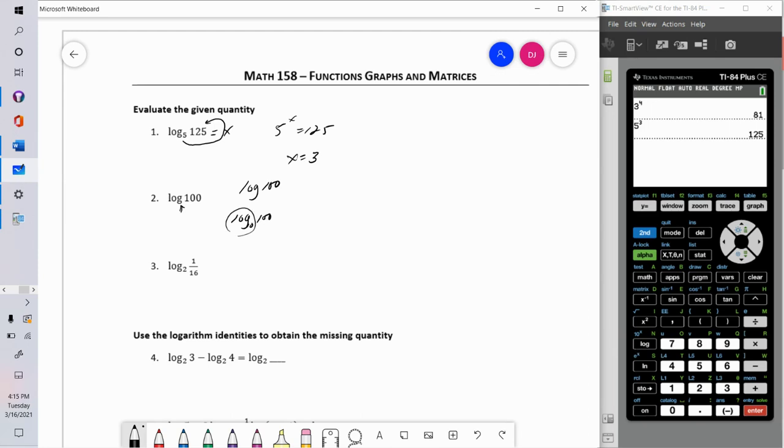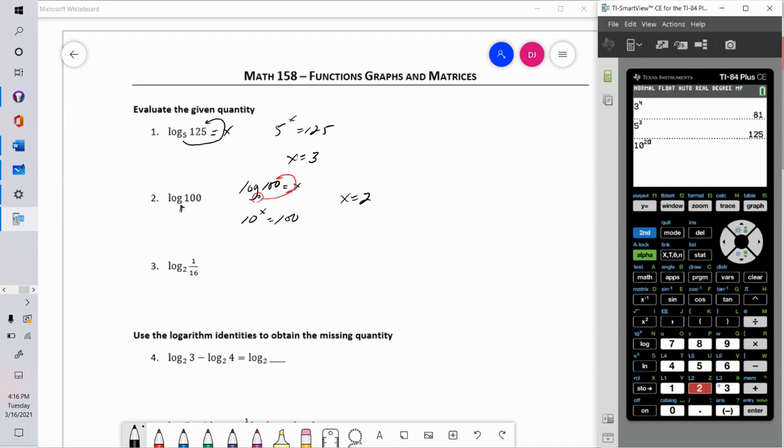That is the log base 10, or the common logarithm. So if I want to solve log base 10 of 100 equals x, and remember that base that's not written there is a 10, 10 to the x equals 100. And we just know, I hope, that x would be 2 because 10 squared is 100.